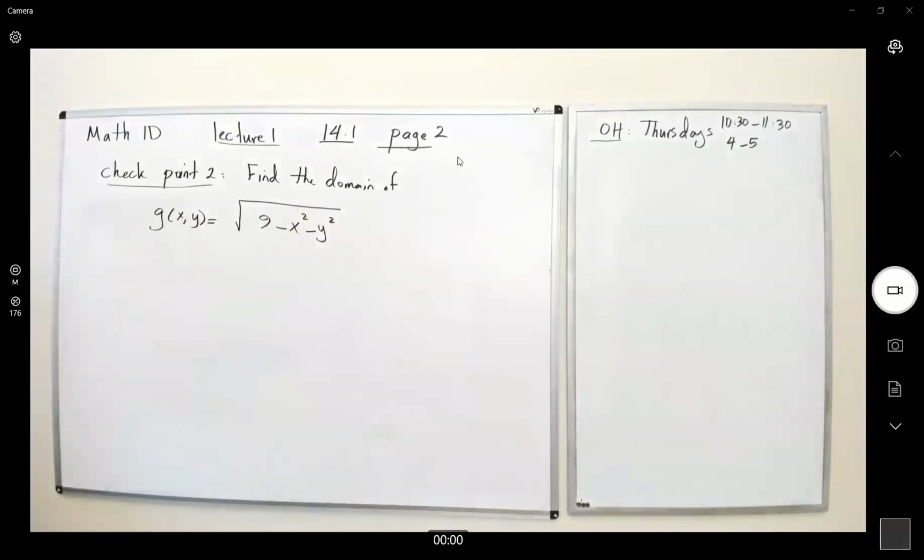Okay, guys, take a minute or two. Think about this question. Note that you have a square root function. It doesn't matter if it has only one independent variable or more than one independent variable.